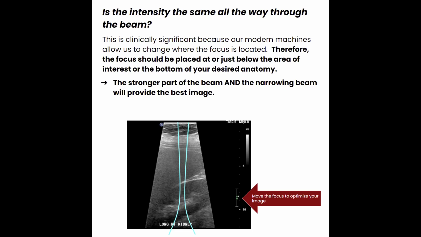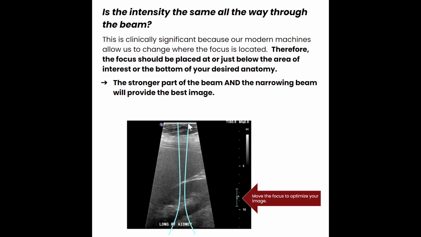So there's a fine balance of losing intensity and increasing intensity based on how far the beam has traveled and the width of the beam. So in reality, what we see is the strongest point is actually just above the focus, and that is because attenuation hasn't quite gotten to the point of reducing that intensity to counteract the amount of narrowing that will occur at the focus.